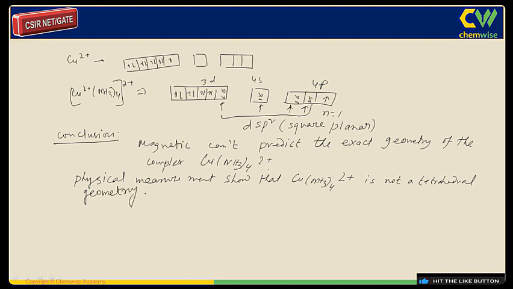So the physical measurement is telling us that it is not a tetrahedral geometry. So what is the exact geometry? But suppose we consider that it is a square plane, then what happens?